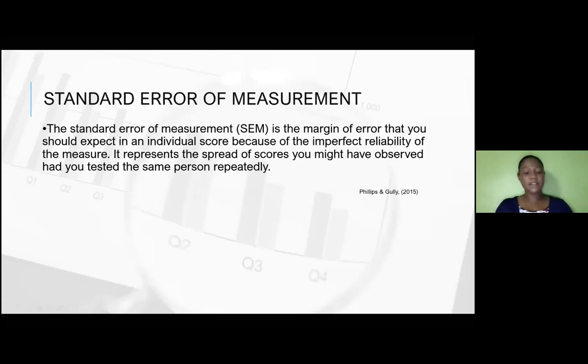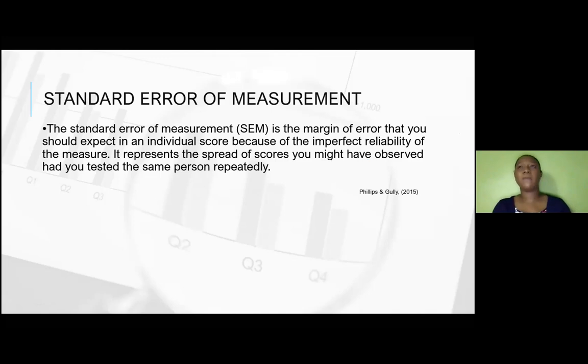So the standard error of measurement represents the degree of confidence that a person's true score lies within. Ideally, we would want our measures to have a low standard error of measurement, because the lower the standard error of measurement, the more accurate our instrument is.